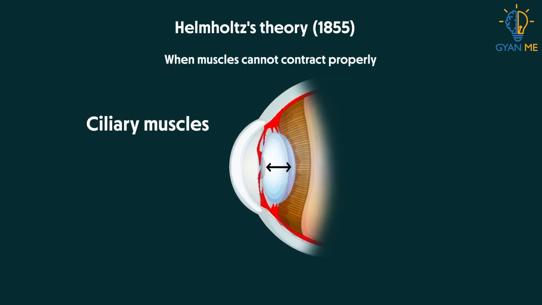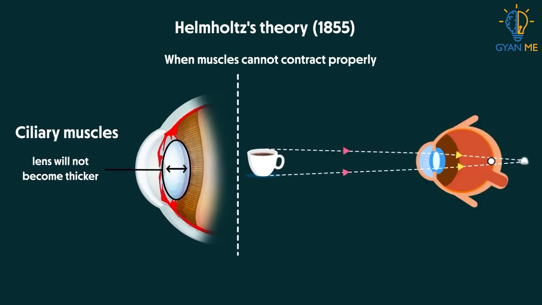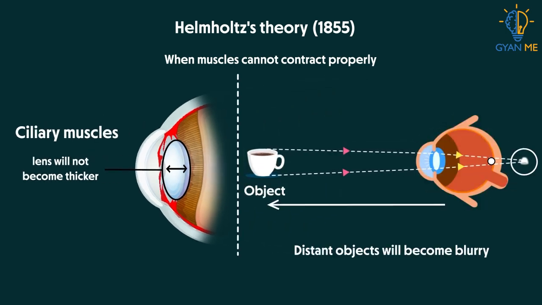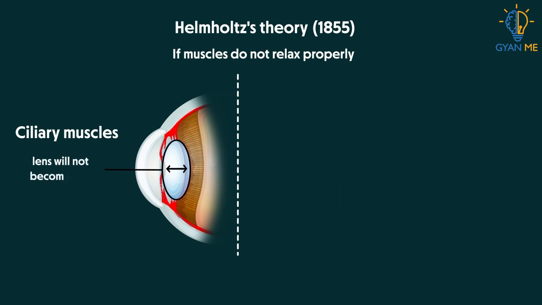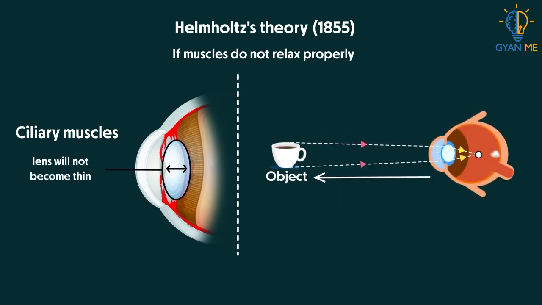When muscles cannot contract properly, the lens will not become thicker, and hence distant objects will become blurry. And if muscles do not relax properly, the lens will not become thin, and hence the light will not converge properly, forming blurry images of nearby objects.